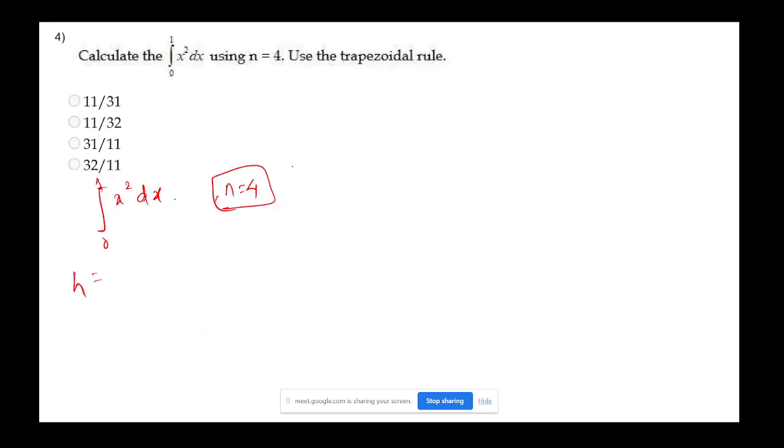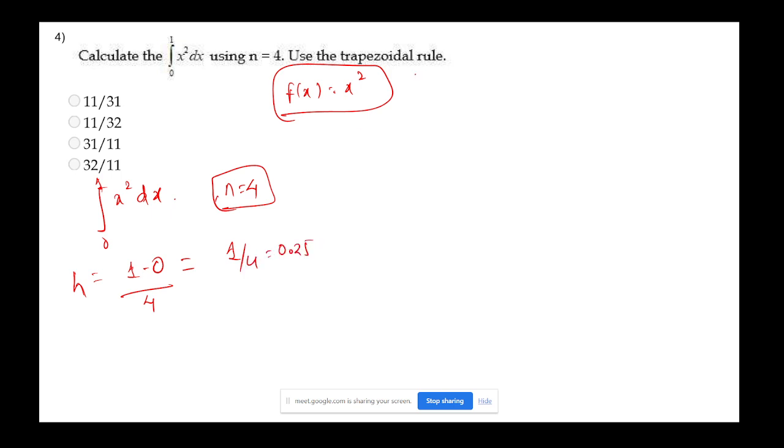Now here you will need to prepare the table on your own. The function given here is f(x) equals x square. So h is 1 minus 0 upon n, which is given as 4, so 1 by 4, which is 0.25.